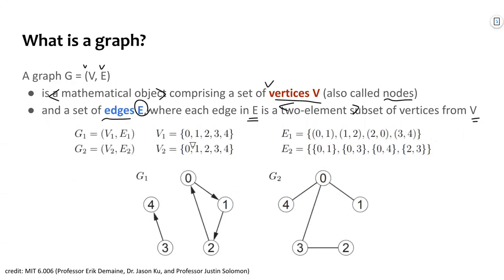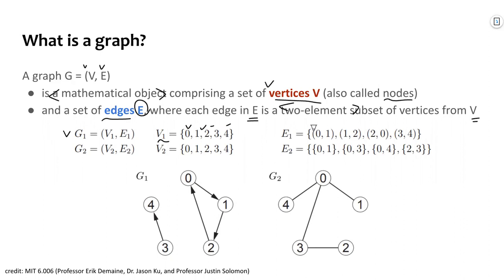So here are some examples. Let's have a look at the first example, G1, graph 1. Graph 1 consists of V1, and this one has 5 nodes or 5 vertices, 0, 1, 2, 3, 4. And there are edges. Actually, it has 4 edges.